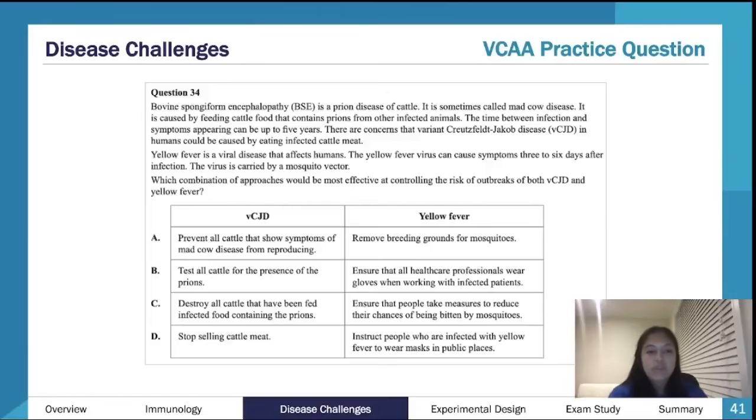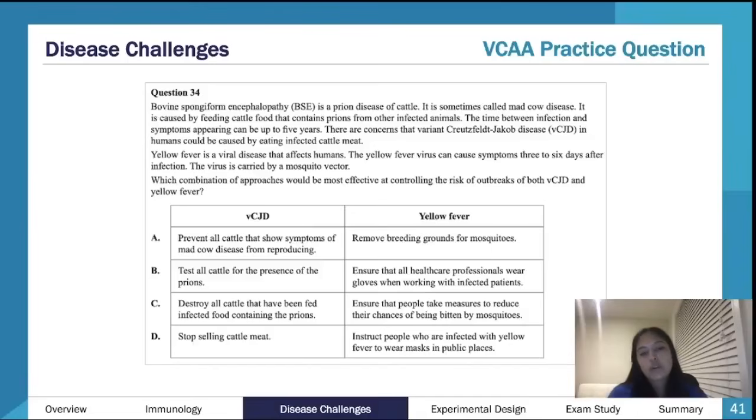So prevent all cattle that show symptoms of mad cow disease from reproducing. That sounds relatively good, but think about the method of transmission. Prions from other infected animals. So basically the cow's got the prion in it, right? And then it becomes VCJD because somebody eats that cow.